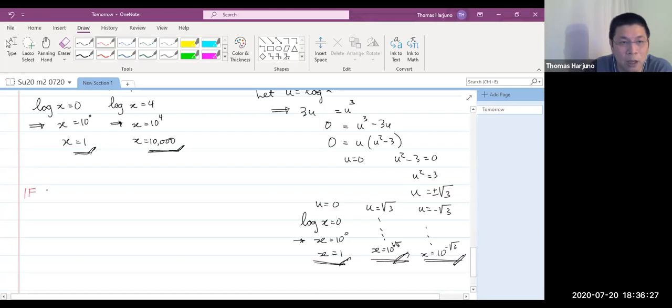If I don't ask for approximate form, then you need the exact form.